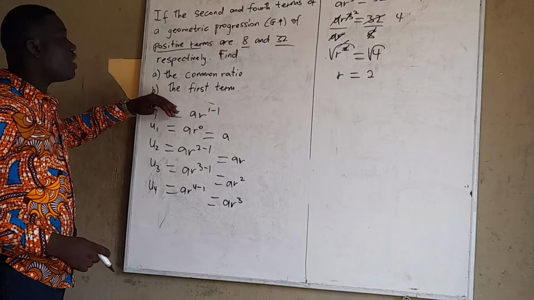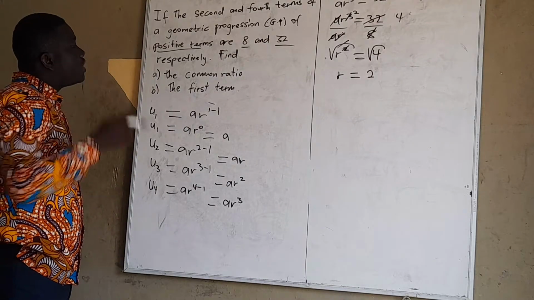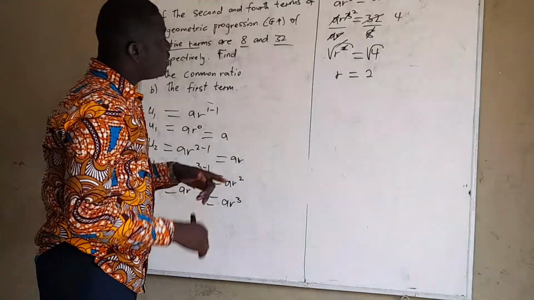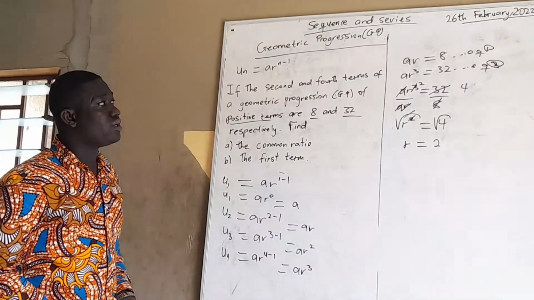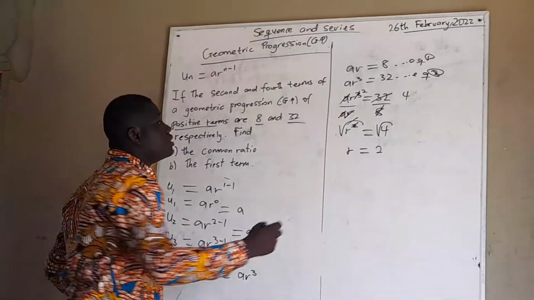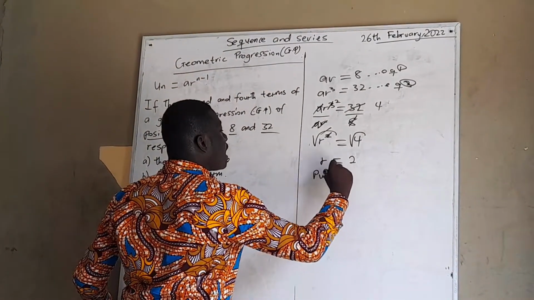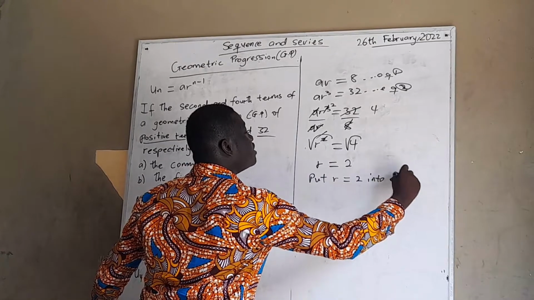Now the second part is for us to find the first term. And we can do this by substituting the value of r into equation 1 or equation 2, any of the equations. So put r is equal to 2 into equation 1.